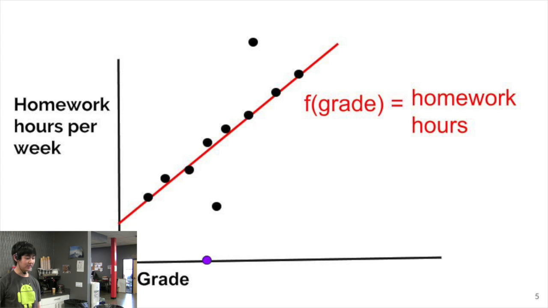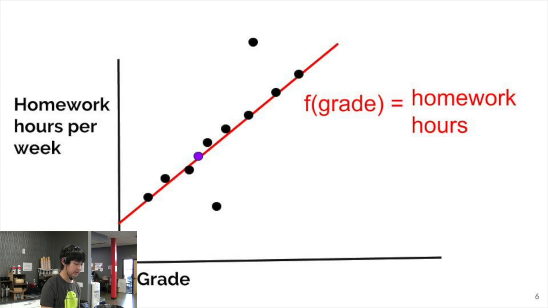What the line represents is this: if someone walks into a room, and we're trying to predict how many homework hours they have per week, our prediction is this amount.